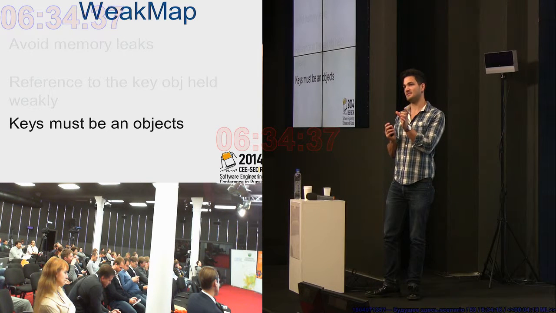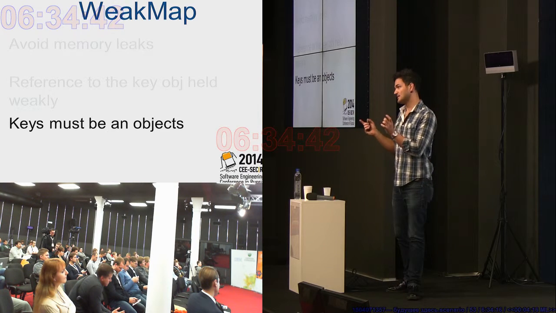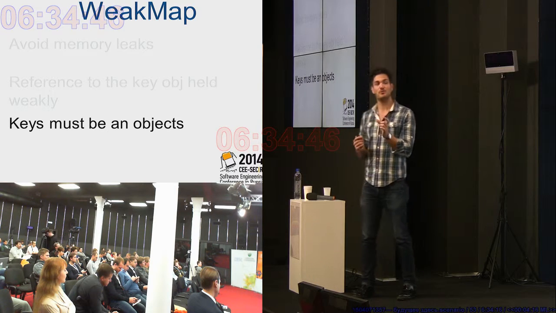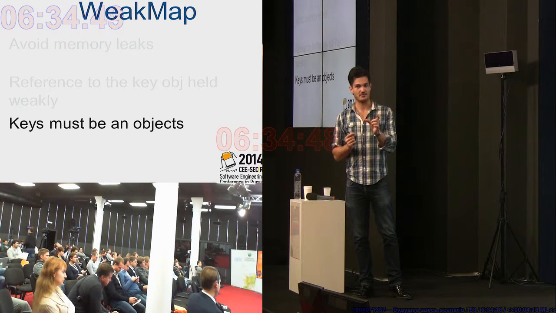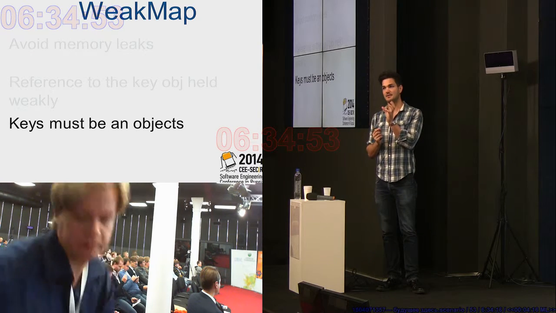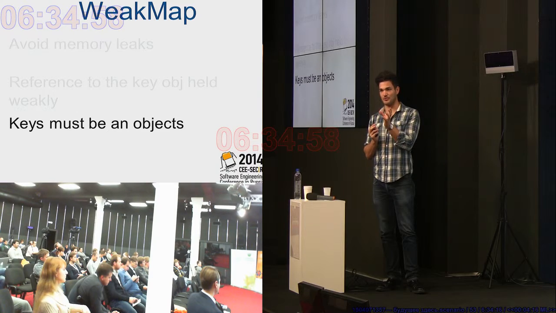That means that when you use a standard map and your key is an object, if that object gets, for example, set to undefined, the garbage collector is not able to garbage collect it because the map holds the reference to the object strongly.